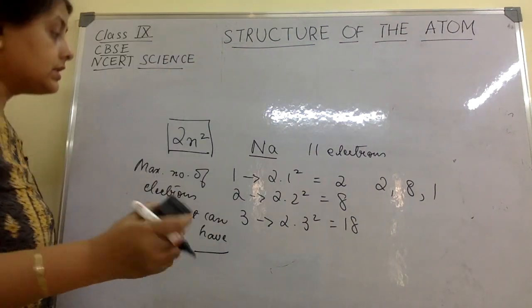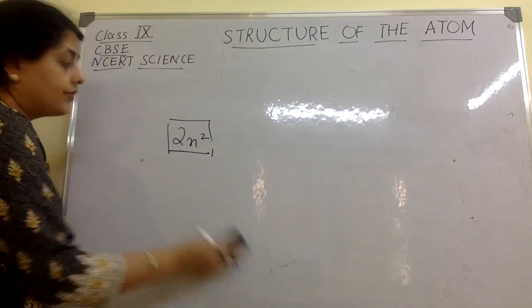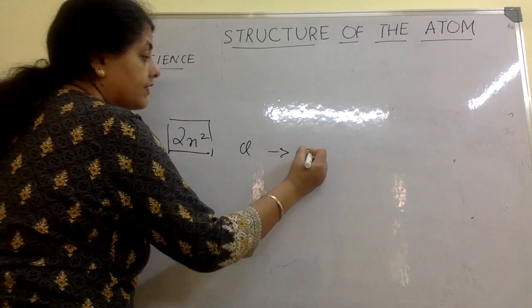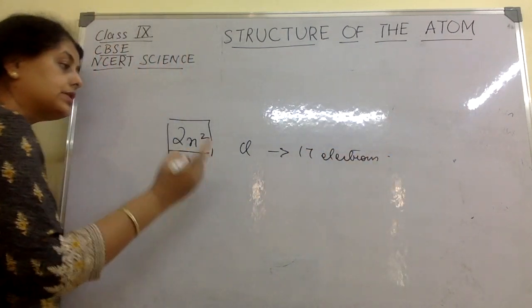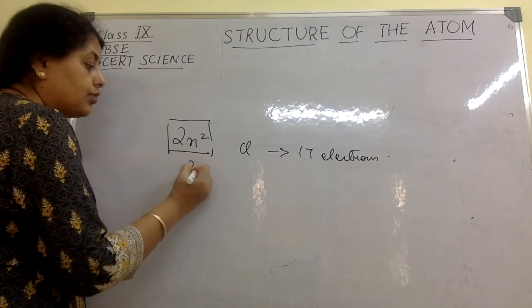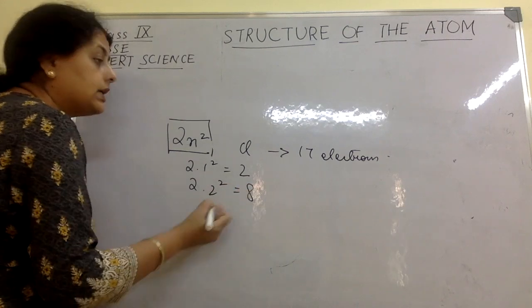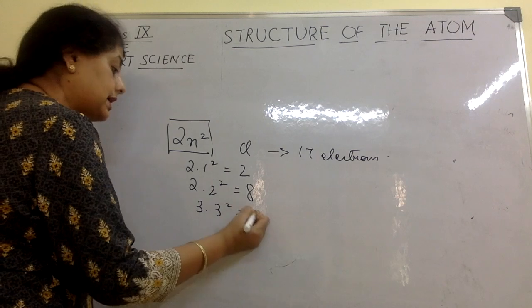Let us now check the electronic configuration of chlorine. Chlorine has 17 electrons. So if it has 17 electrons, first orbit, that is 2 into 1 square, which is 2. Second, 2 into 2 square, which is an 8. Third orbit is 2 into 3 square, which is an 18.